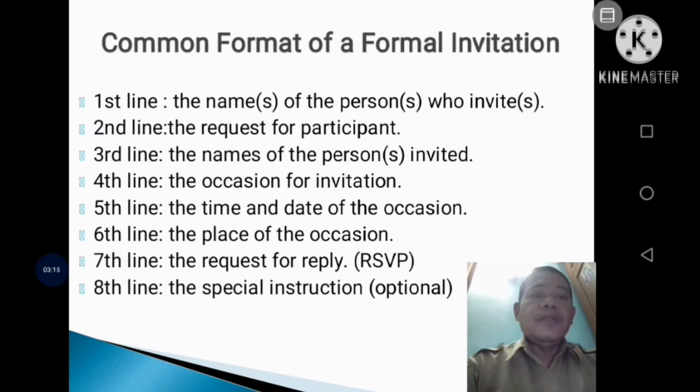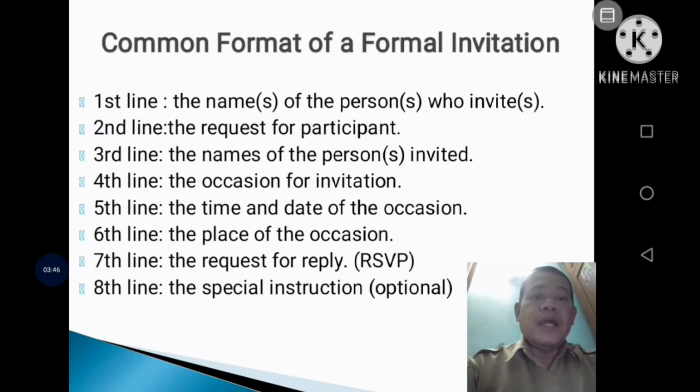The second line, the request for participant. The third line is the names of persons invited. The fourth line is the occasion for invitation. The fifth line is the time and date of the occasion. And the sixth line is the place of the occasion, or the common term is venue.